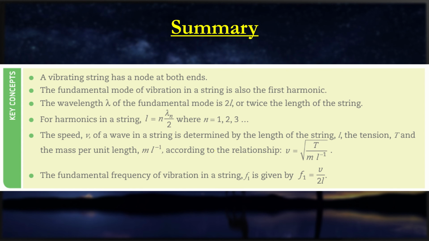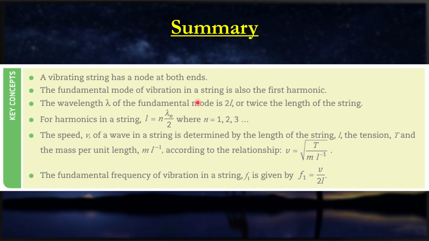So let's kind of recap on what we've done today. We firstly talked about the concept of vibration. That's how we produce sound. We talked about the concept of harmonics, the most fundamental frequency, or the most basic frequency we have is called the first harmonic, or fundamental frequency as well.